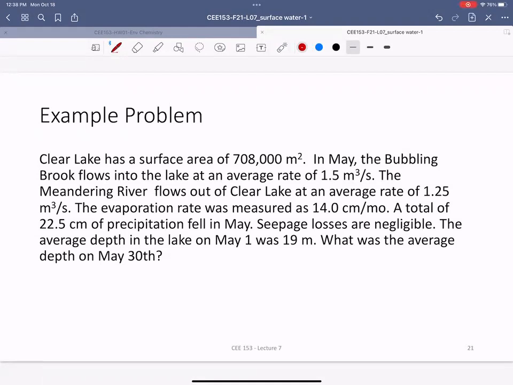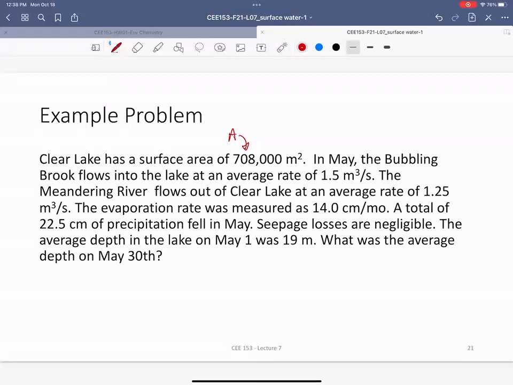Clear Lake has a surface area of 708,000 square meters. Okay, so that's the area. Area is given, which means I'm not going to give you the volume for many of them. In May, the Bubbling Brook, basically a stream, flows into the lake at an average rate of 1.5 cubic meters per second.